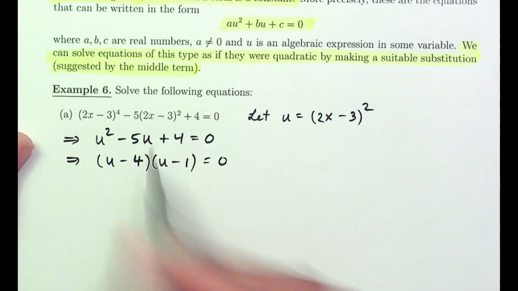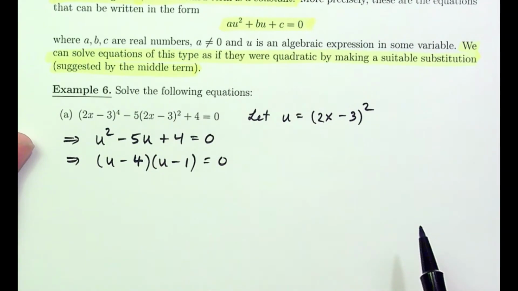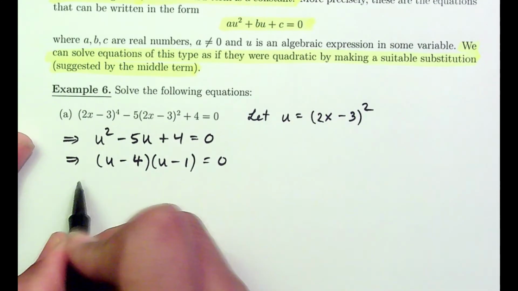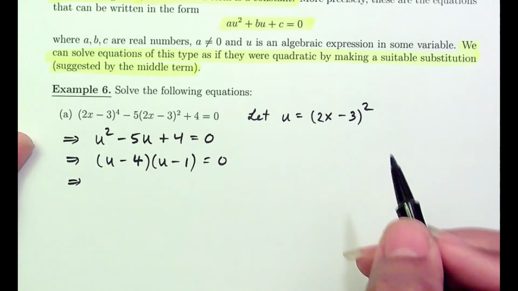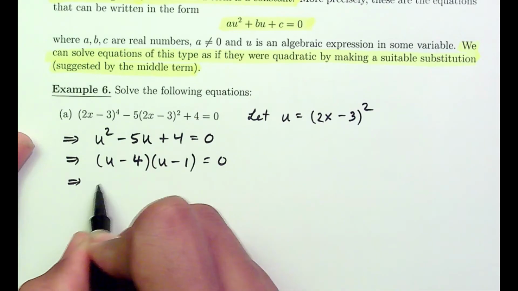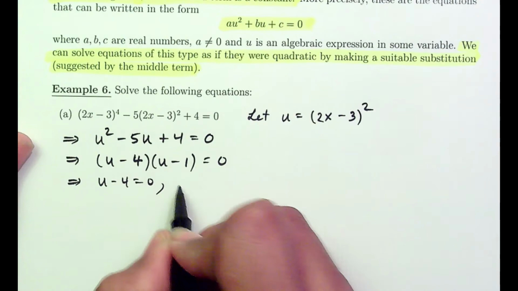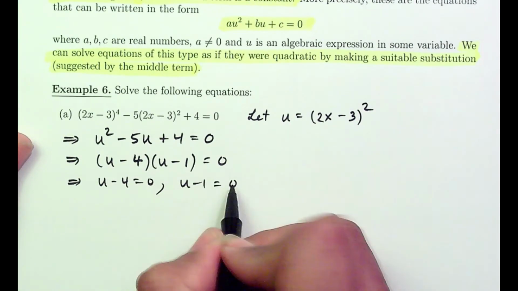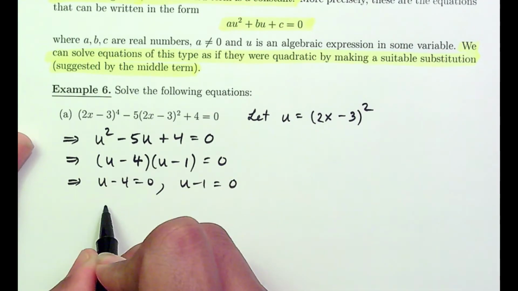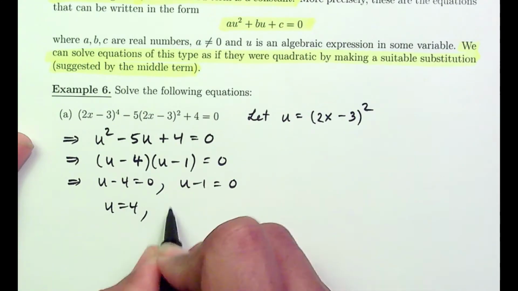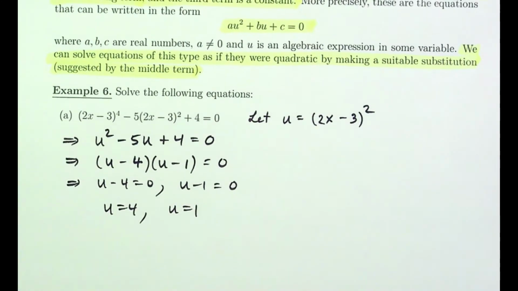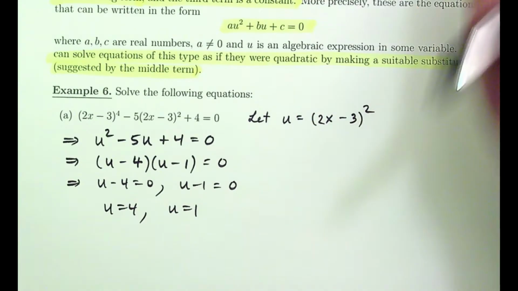So that factors like that. And then remember what you do after you factor, you set each factor equal to 0. So that means u minus 4 equals 0, u minus 1 equals 0. And that means that u equals 4 and u equals 1. So u equals 4 or u equals 1.